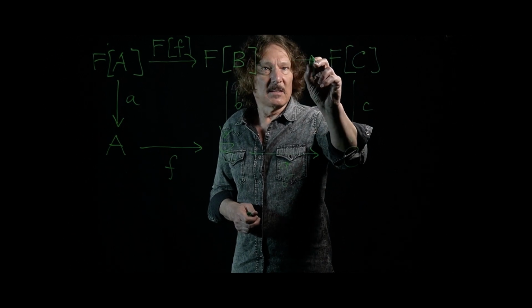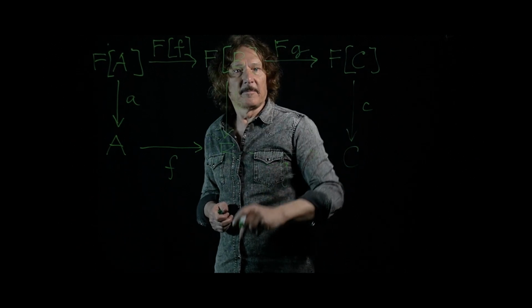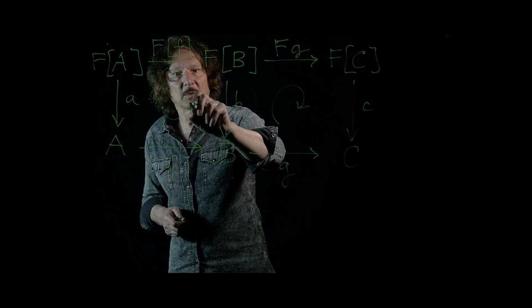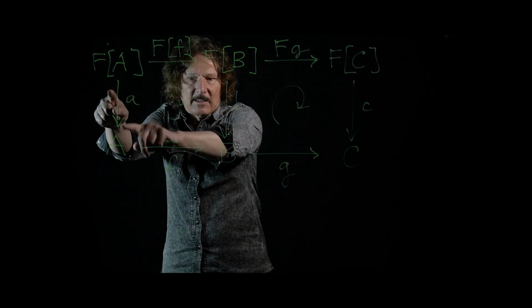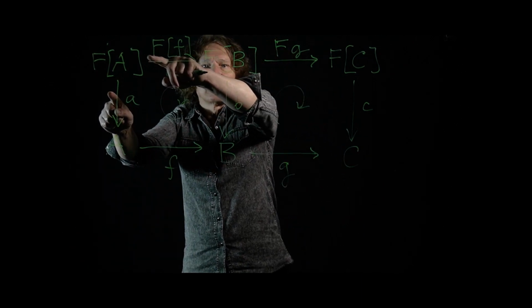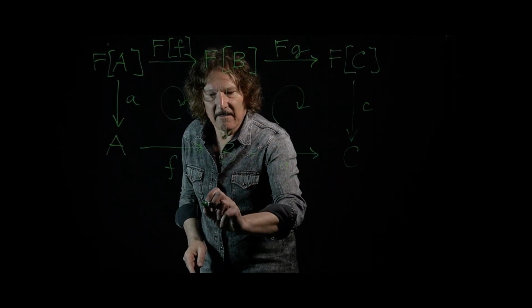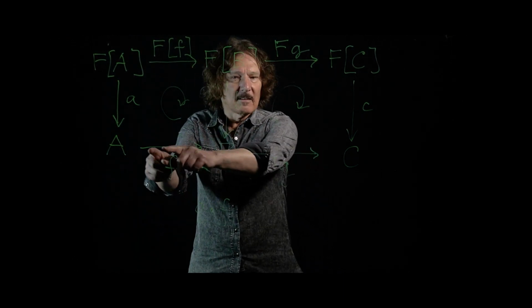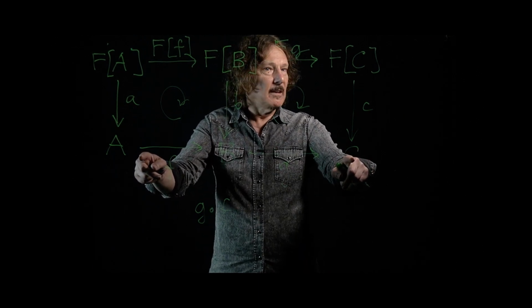It means that this diagram, Fg here, also commutes. So if this diagram commutes and this diagram commutes, if we combine them together, we get that this path gives us the same result as this path, which means that g after f is also a mapping of algebras.